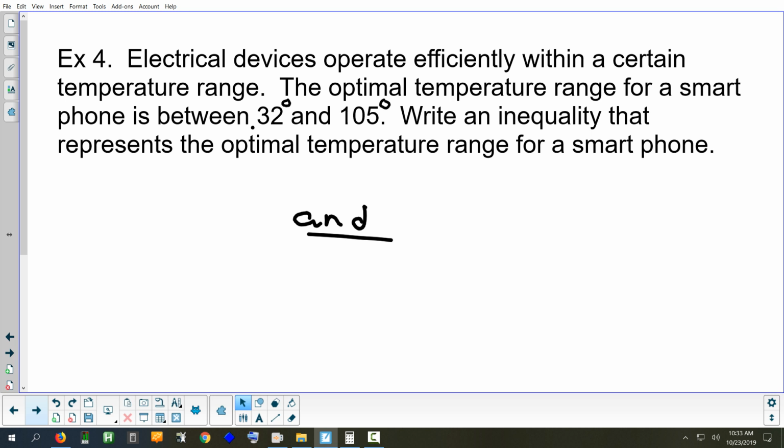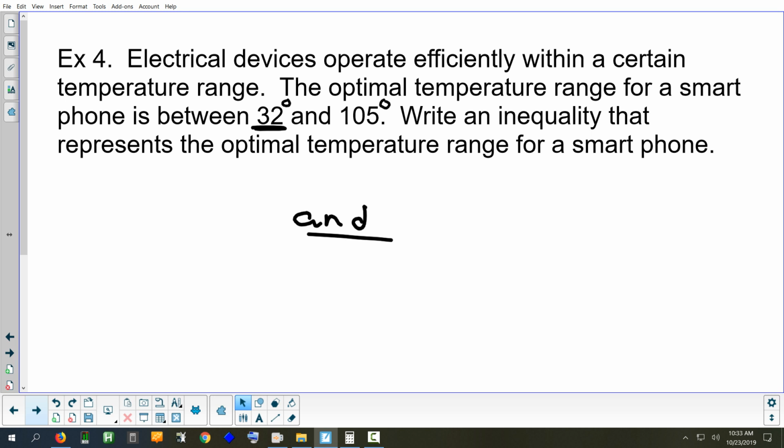Let's start with this part. We don't have a value, we need a variable. What should we pick for a variable here? X. Right. So we know we want the temperature to be what, compared to 32 degrees? Do you want it more than 32 or less than 32?